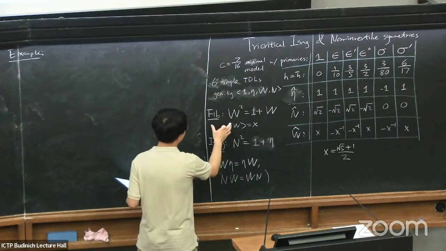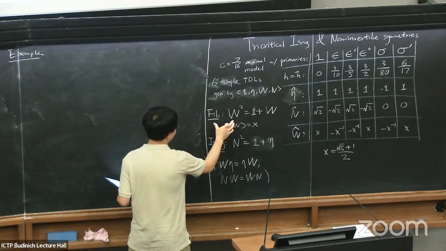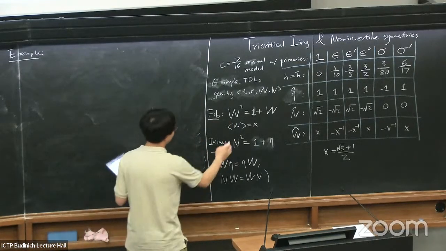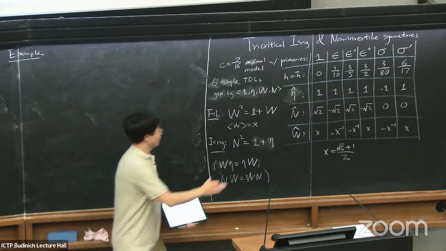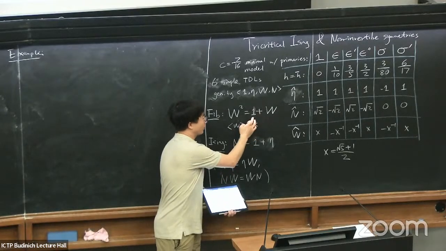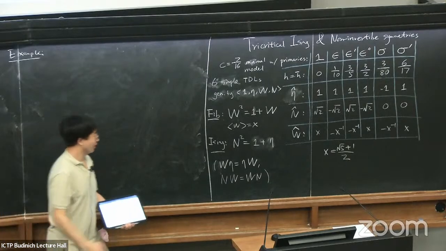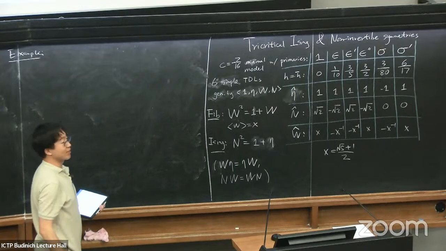What is important is that there are 2 distinguished subcategories. One is called the Fibonacci category. It is generated by a single topological defect line W, and it has this very interesting fusion rule: it squares to not quite itself, but with an additional identity line also appearing. And this line is also the same as its dual.